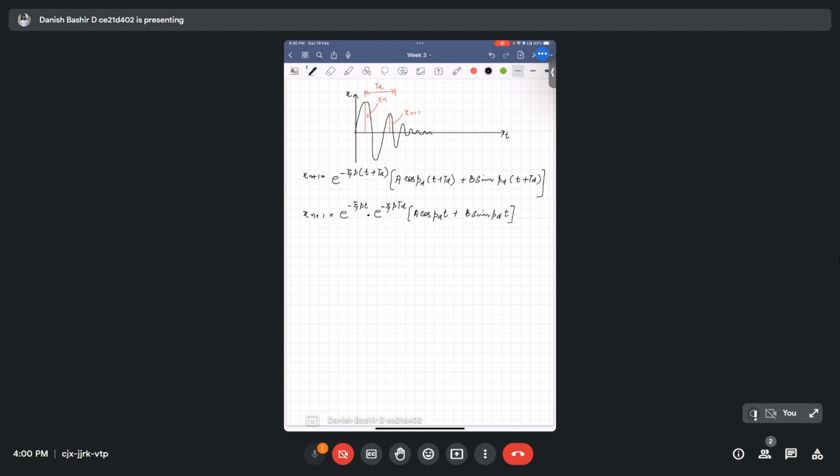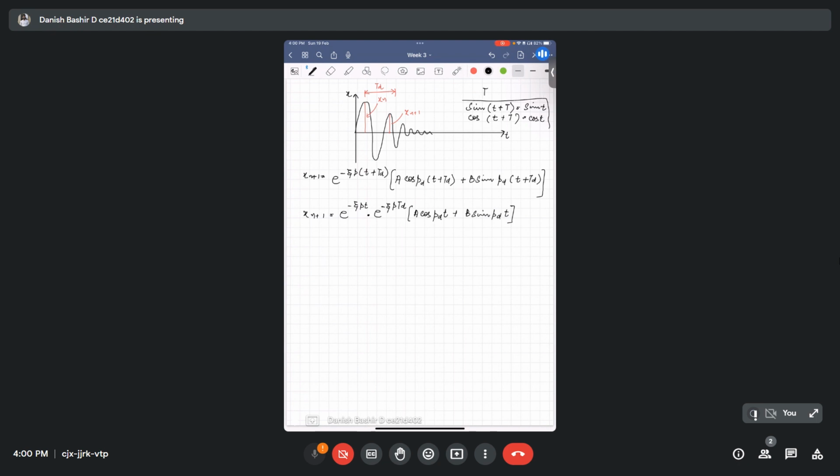Because for sine, if T is the time period, sine of (t plus T) is the same as sine t. The same is the case for cos: cos of (t plus T) is cos t.